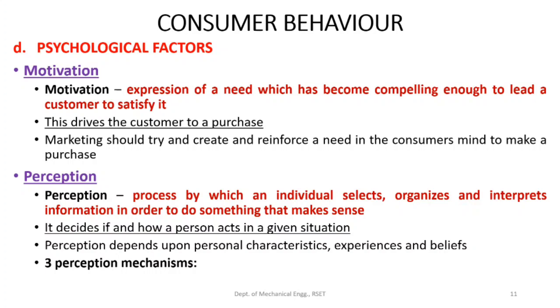Now this is purely based upon the process used by an individual to select, organize, and interpret information, and he uses these interpretations to do something that makes sense to him. So perception depends upon personal characteristics, certain experiences and beliefs that the person has.